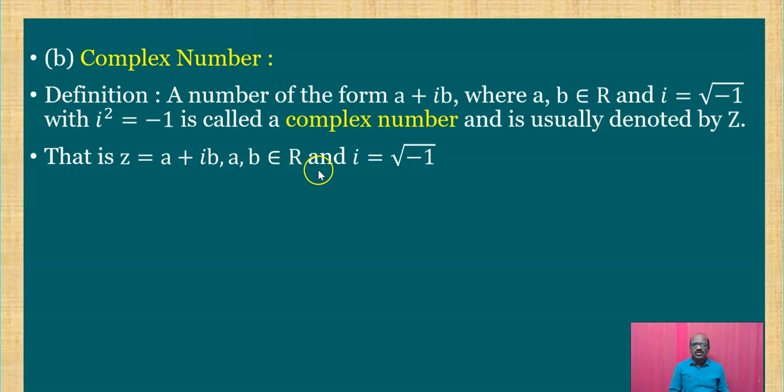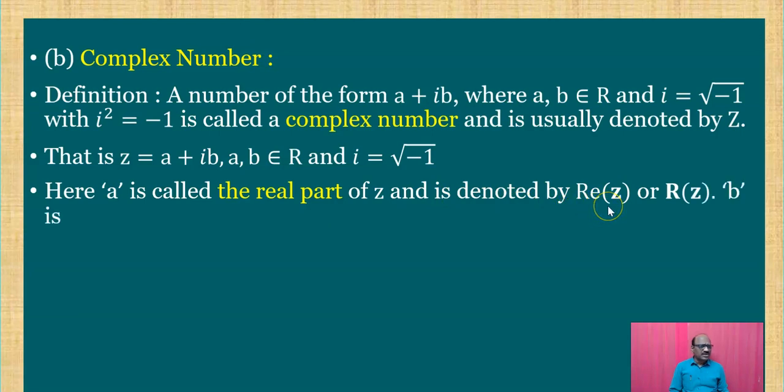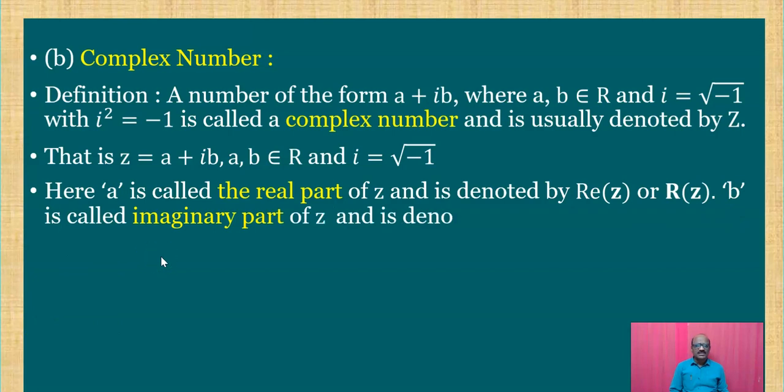Here a is called the real part of z, denoted by Re(z), and b is called the imaginary part of z, denoted by Im(z).